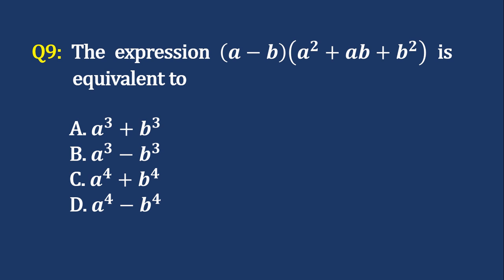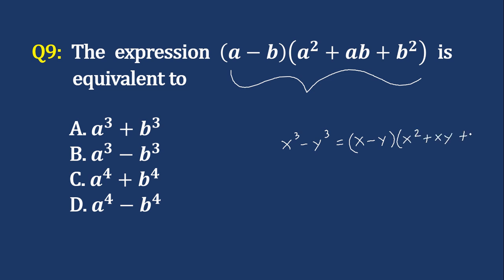Books sometimes, or even most of the time, use variables x and y to show the difference of cubes. For example, x cubed minus y cubed is equal to x minus y times x squared plus xy plus y squared. So this one, the right hand side, is exactly this expression.